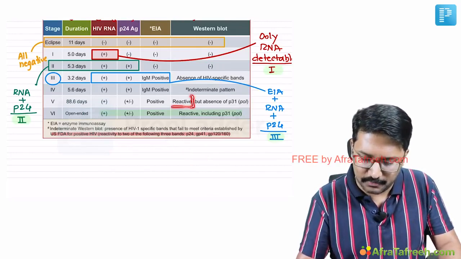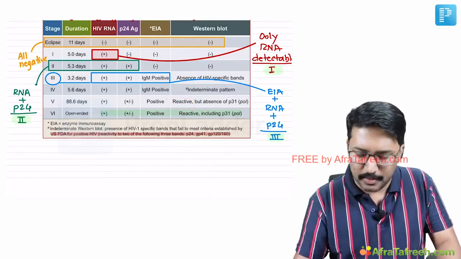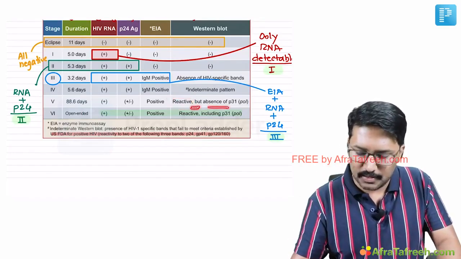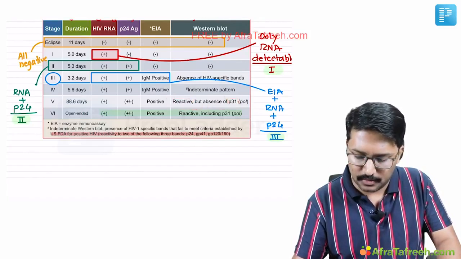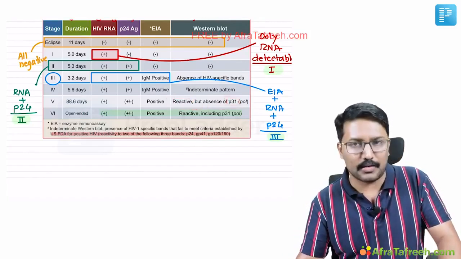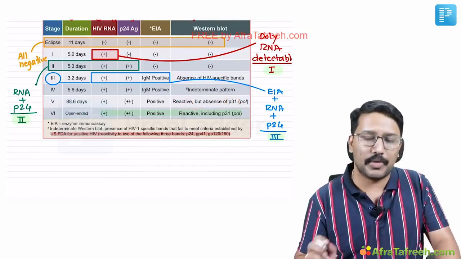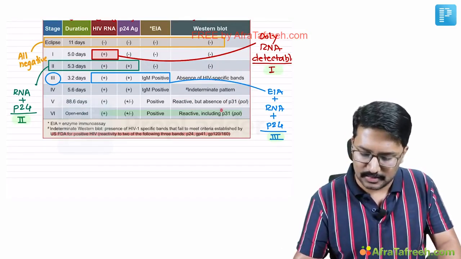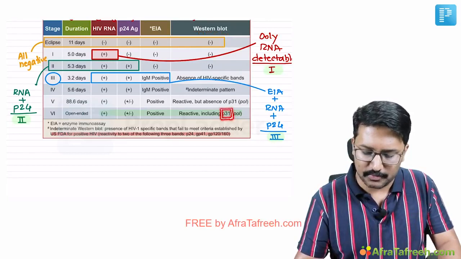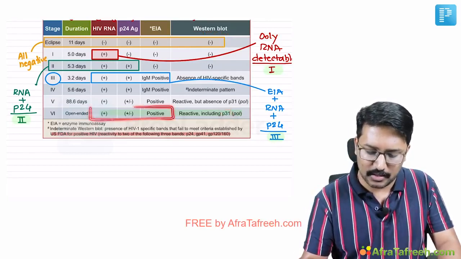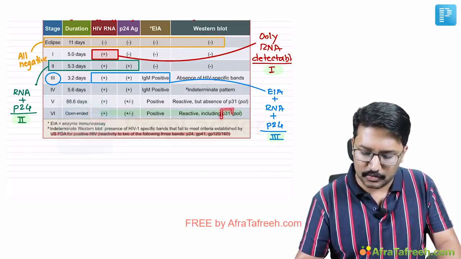It becomes reactive in 5-big stage 5, right? But even now, it will be absent for P31. It will be absent for P31. It becomes positive for P31 in stage 6, right? It becomes positive for P31 in stage 6. The rest of the things are going to be the same in case of stage 6, but P31 also becomes positive.